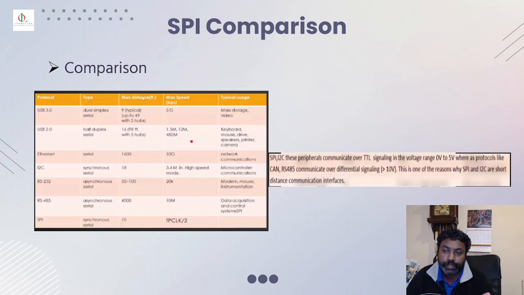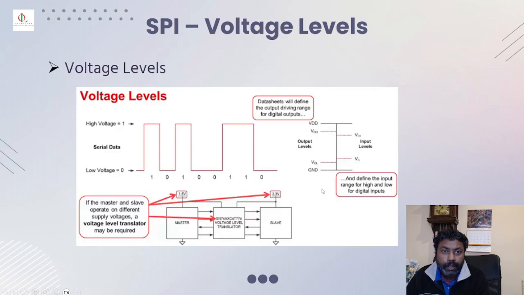That's the major difference. So that's why SPI and I2C are short distance communication interfaces. Now let's go into the SPI voltage levels.